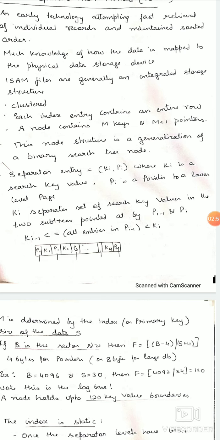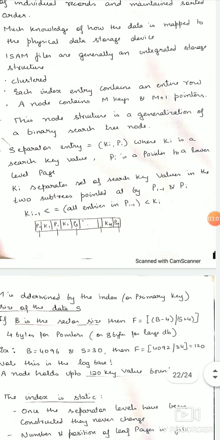That key is your search key, primary key or candidate key. pi is a pointer to a lower level page, which means it points to the child nodes, or else it is a reference pointer, that is, the address where the information is present. So pi is a pointer to the lower level page, that is, to the child nodes, and ki is your search key.